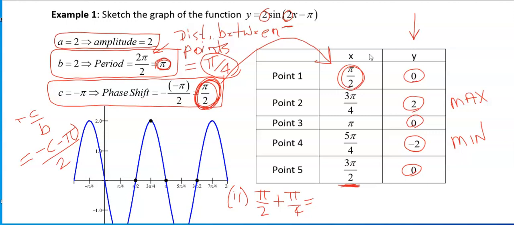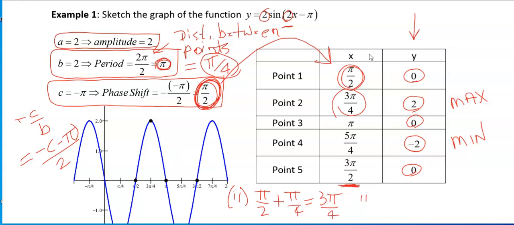If you have a calculator that you can't use the pi's, well, just type in 1 over 2 plus 1 over 4. And whatever you get for your answer, your fraction, just stick a pi behind it. All right, and that'll be the same thing. But anyway, you're going to get 3 pi over 4. And look at your second x value. That's what it is. 3 pi over 4.